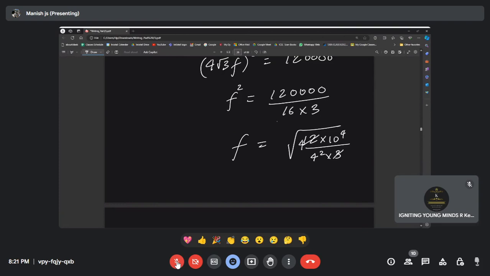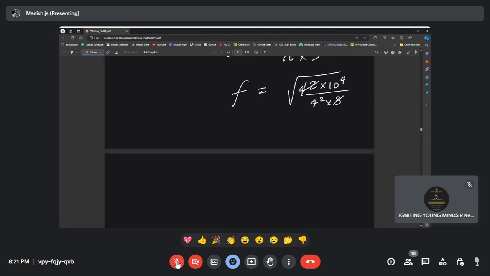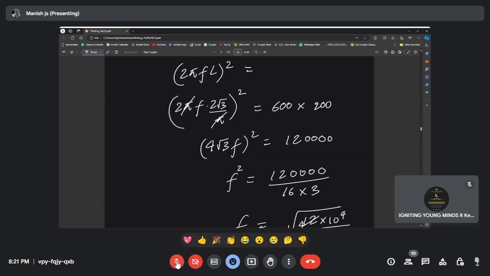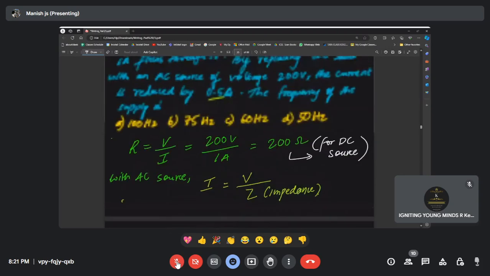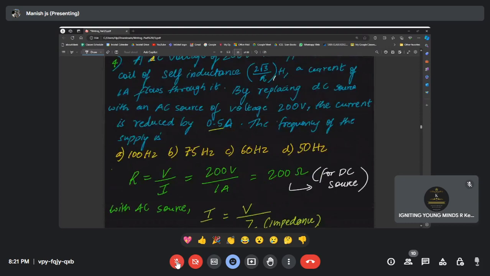So how much is it getting simplified to? How much is the frequency that you're getting? 50 hertz, sir. 50 hertz. We will get the answer as 50 hertz when you go for simplification. So the answer is 50 hertz.